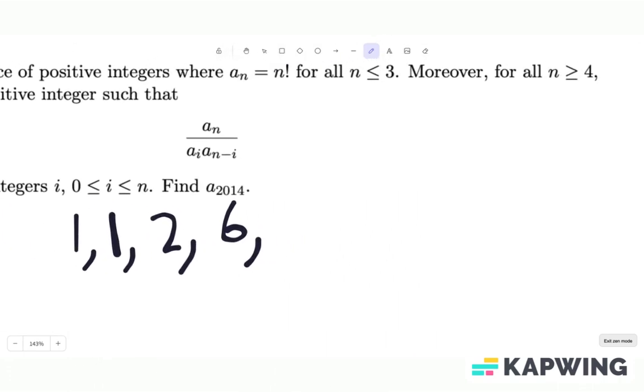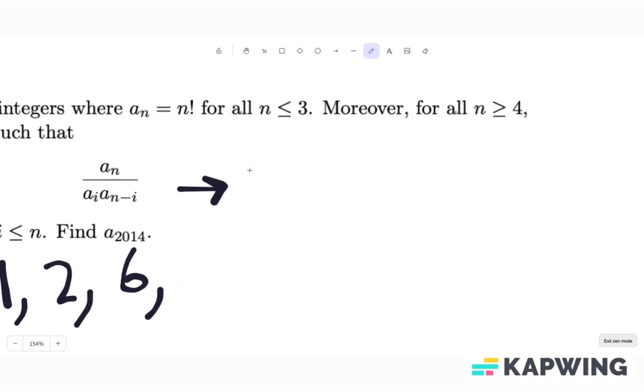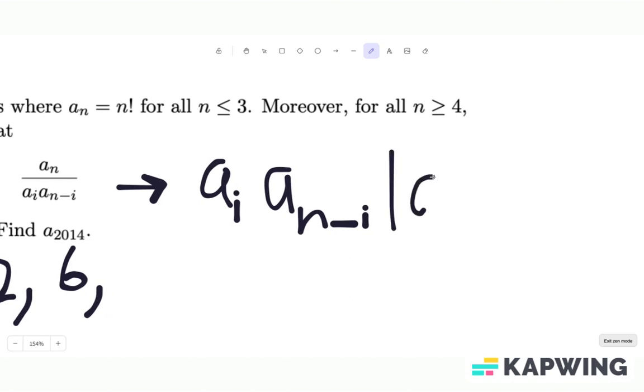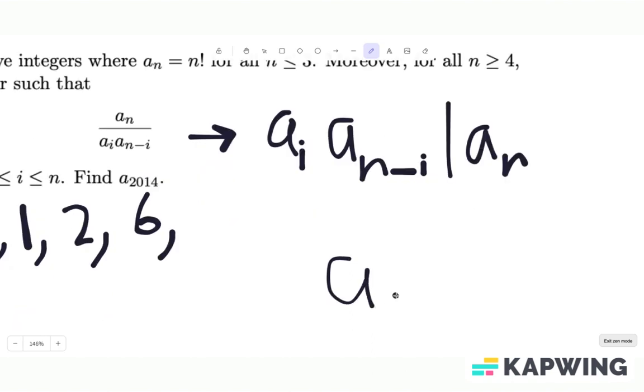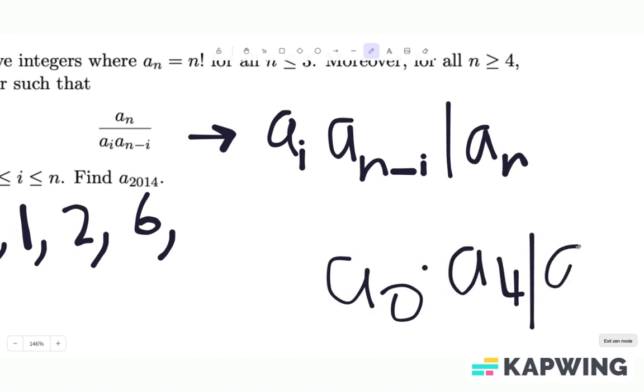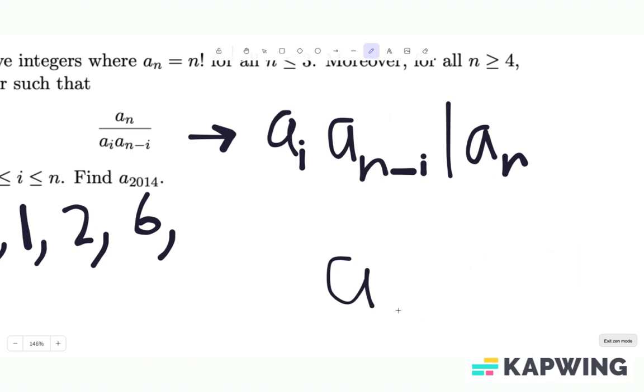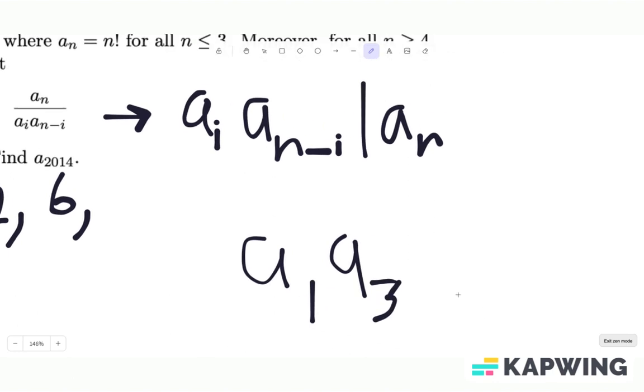What this implies is that a sub I times a sub n minus I divides a sub n. So that means a sub 0 times a sub 4 obviously divides a sub 4, and it will for any n. And a sub 1 times a sub 3 divides a sub 4.